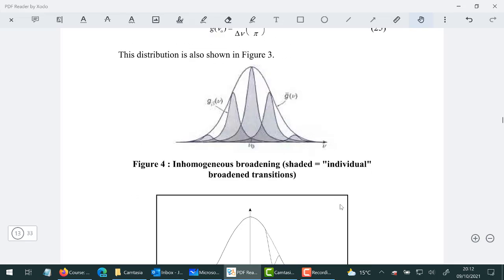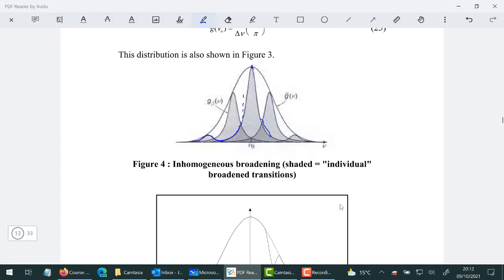So what I want to show is that for some atoms, let's just think about Doppler broadening for the moment, some atoms will be at lower frequencies, so they'll be moving away from you, and they'll be moving away from you very, very quickly, but not many of them. Most of the atoms will be around about the center frequency and only shifted by a small amount, so that we get nu naught here.